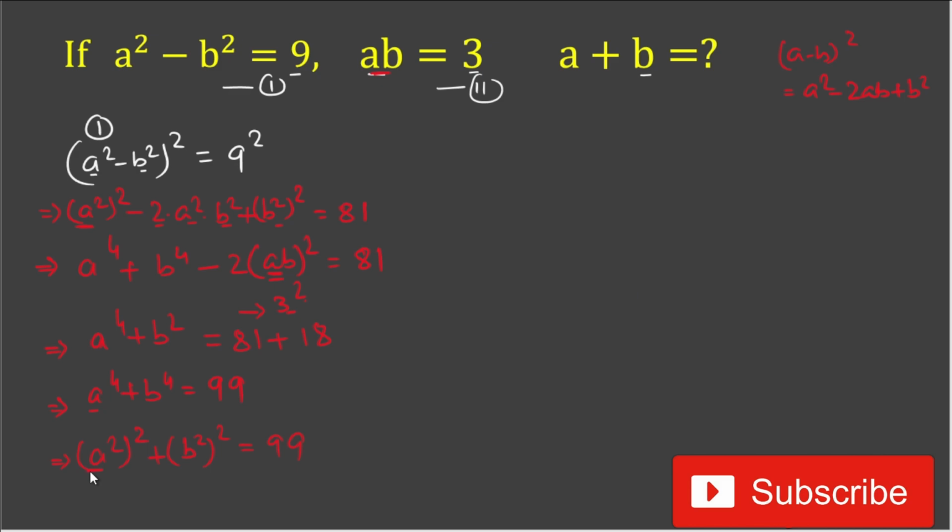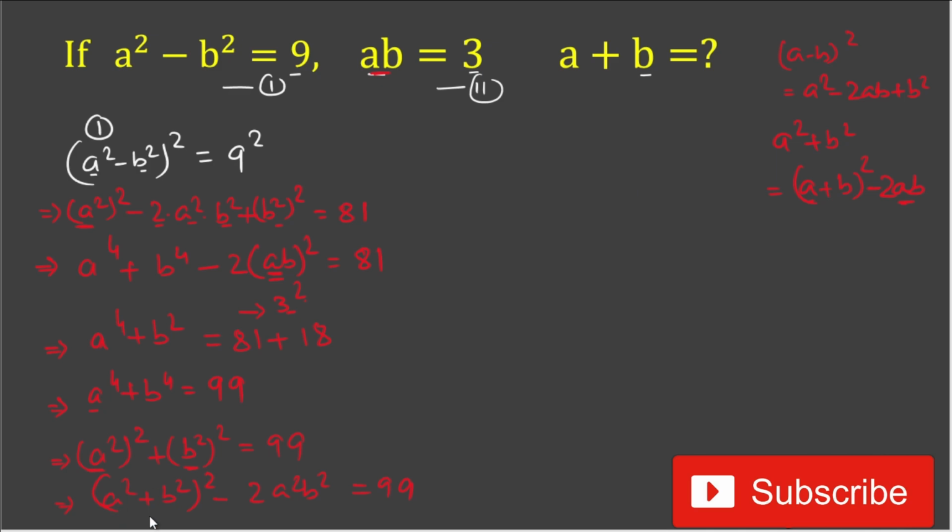So it is in the form of a square plus b square, and the formula in terms of a plus b is, we can write this as a plus b whole square and negative 2 times ab. So in place of a it is a square, so we can write it as a square plus b square and whole square minus 2 times a square and b square, that is equal to 99.